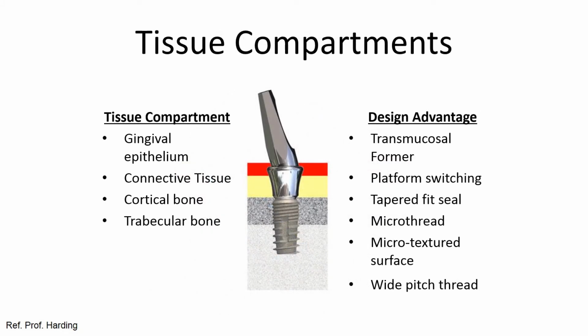So remember also that the implant has to pass through different connective tissue and soft tissue components. These have different histology, different makeups, but our implant itself is still just titanium.